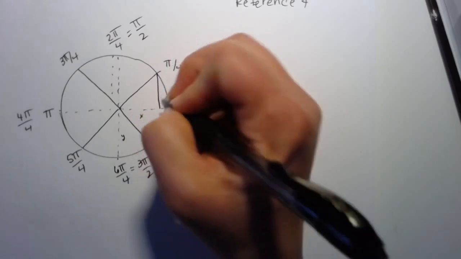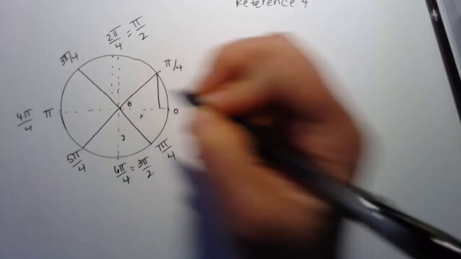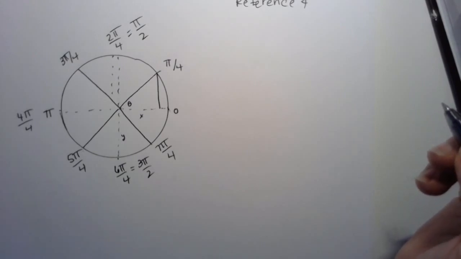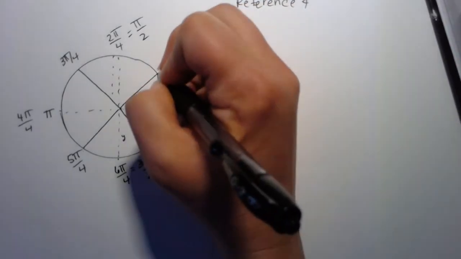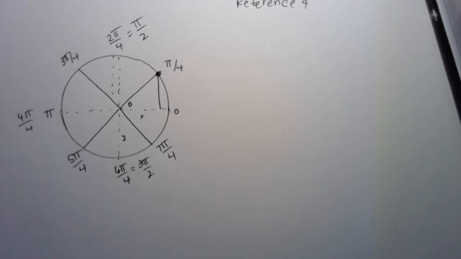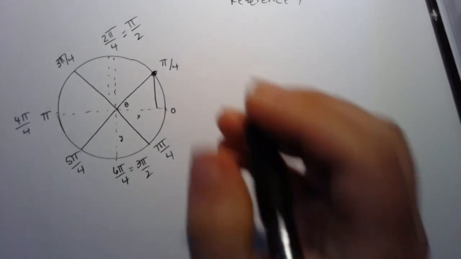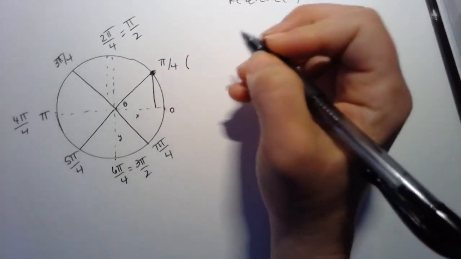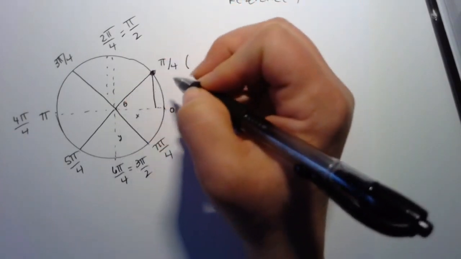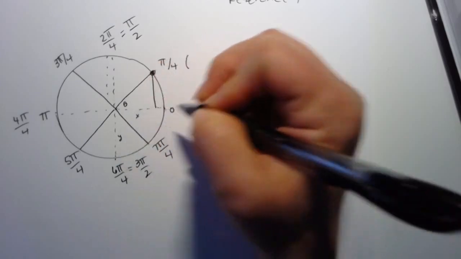Okay, so this is our theta value here. If you reflect back on the right triangle trigonometry, the x-coordinate is cosine, and if this is pi over 4, we found that these were the ones that matched, where this length and this length matched.